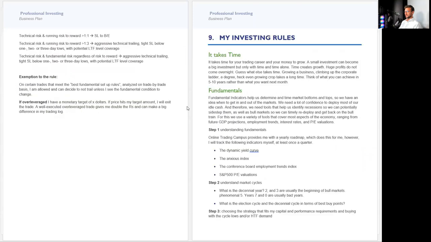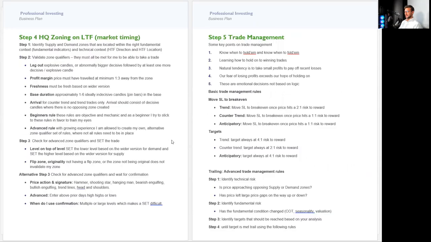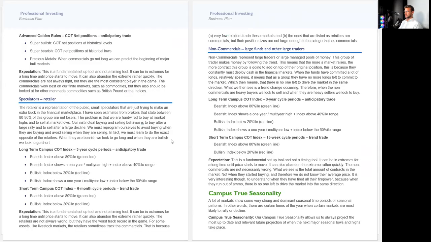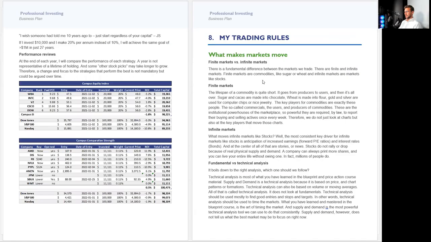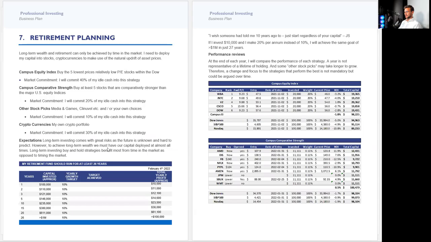Towards the end, we're going to talk about my investing rules, and all the rules that come into play with that. But before, similar to milestone planning, we need to talk about retirement planning conceptually and what our goal is, what our expectation is in the market, and how we're planning to achieve that.